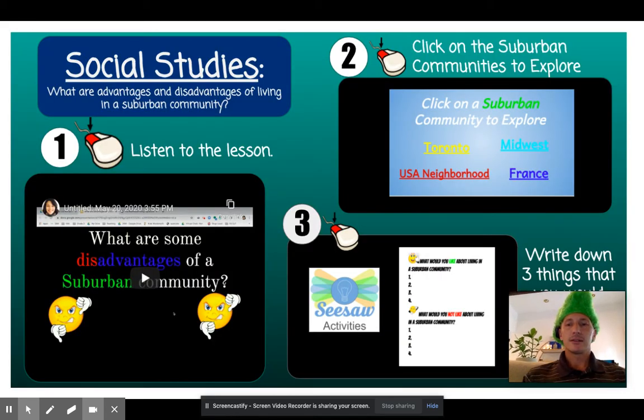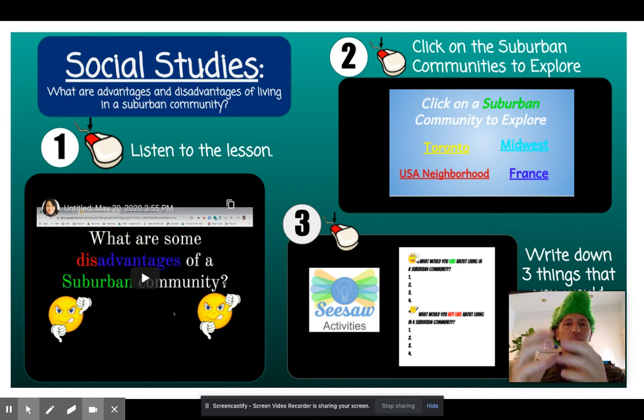Finally, for your lessons today, we have a social studies activity. We've been talking about rural and suburban communities, and now we're going to talk more about suburban and what is a suburban community. Remember, it's the community that's in between the big city.